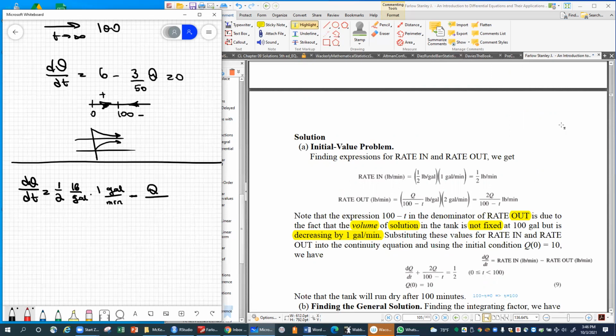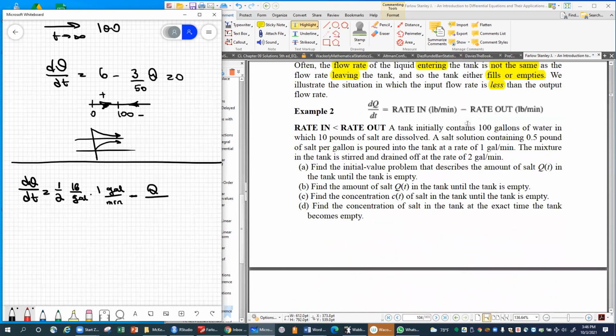We know the tank initially contains 100 gallons, and there is a flow in at 1 gallon per minute and a flow out at 2 gallons per minute, so it's 100 plus (1 minus 2)t, which is 100 minus t. By the way, if you set this to 0, at time 100 the tank is completely empty. That's important to keep in mind.